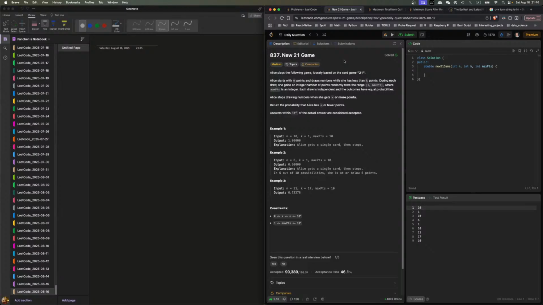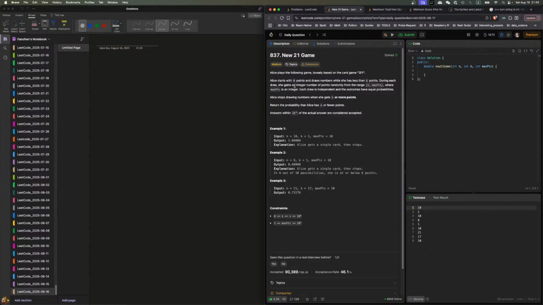Return the probability that Alice has n or fewer points. So wait, hold on. Alice draws numbers while she has less than k points.